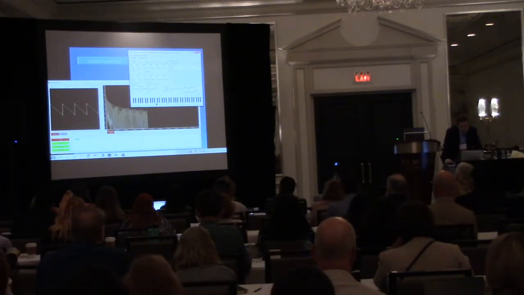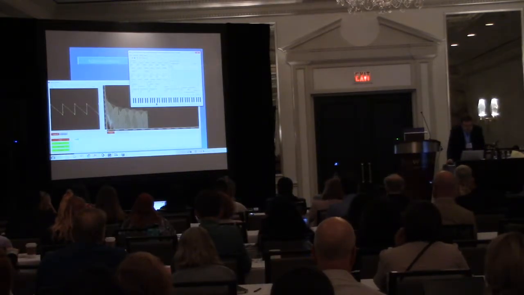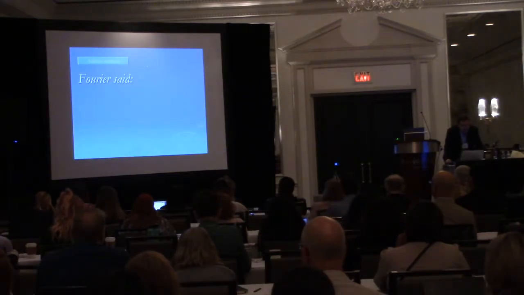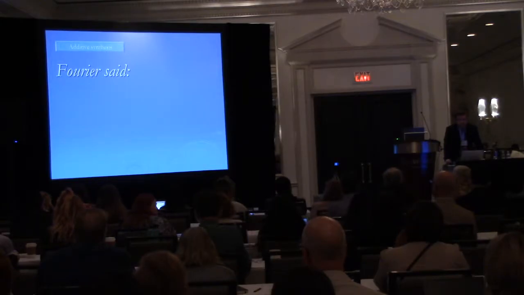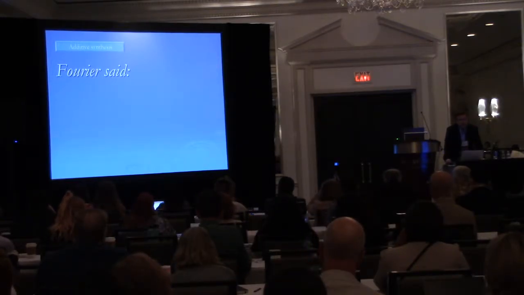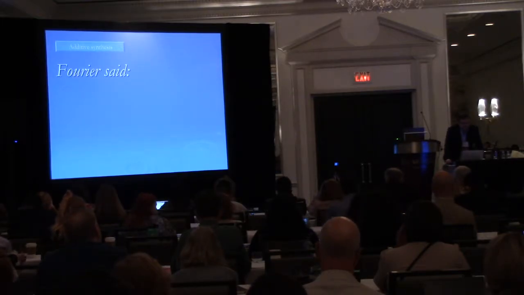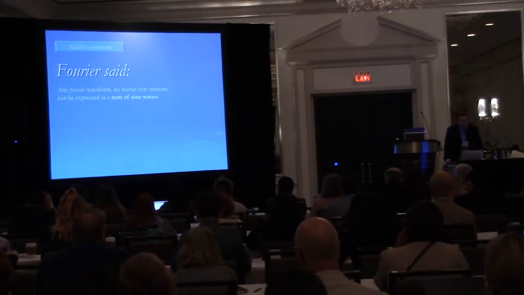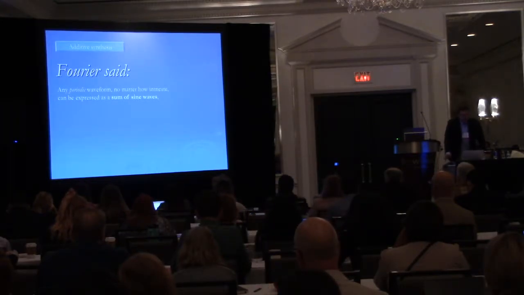What's the difference? Well, we need to add a bit of resonance to this. And so to illustrate what that is, we're going to talk about that. Right, now we've talked about partial tones and harmonics, and there was a very clever Frenchman in the beginning of the 19th century, Jean-Baptiste Fourier, who figured out that any periodic waveform, no matter how complicated it is, can be expressed as a sum of sine waves.